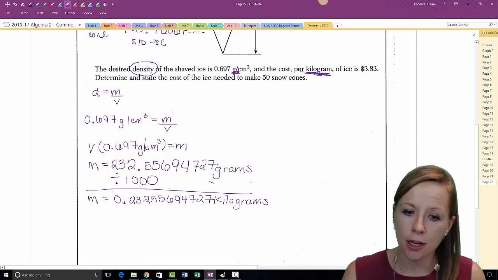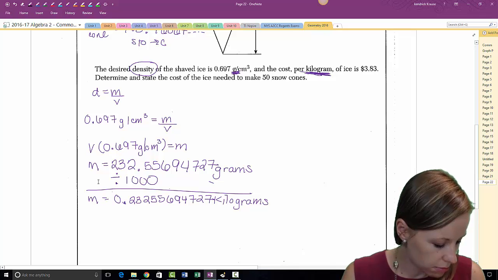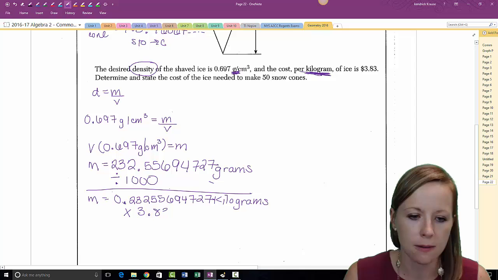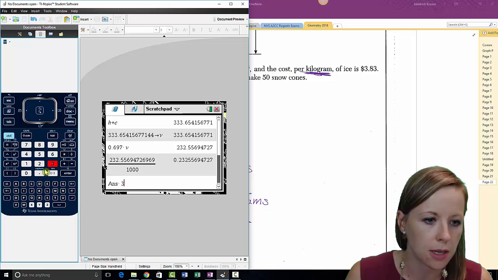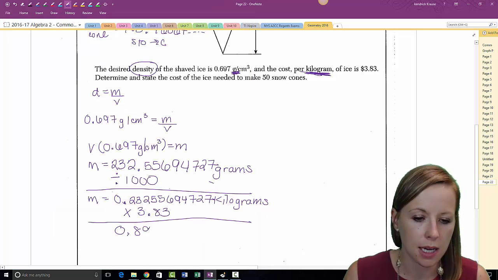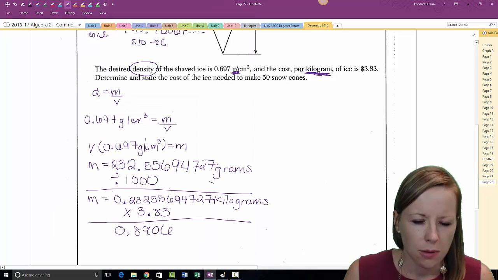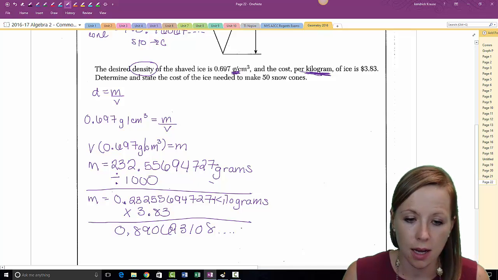Okay. The cost per kilogram of ice is $3.83. So I want to figure out what that is, right? So I'm going to multiply by 3.83. So 0.8906, I don't have this number written down, 93108 and so on, and that's dollars, right?